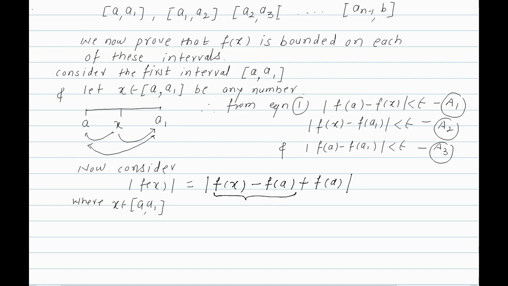First is f of x minus f of a and second is f of a. So it is less than or equal to mod of first term plus mod of second term, using the property of modulus, mod of a plus b is less than or equal to mod a plus mod b.